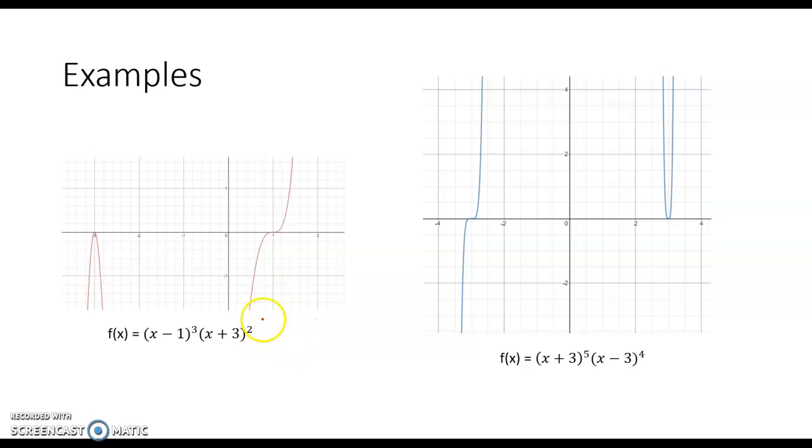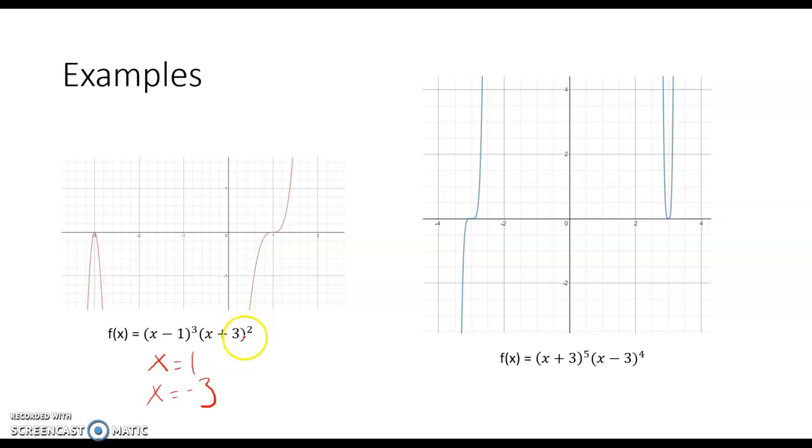And looking at a couple more examples here, the function x minus 1 cubed times x plus 3 squared. Finding your zeros, you set the factors equal to zero, so x equals 1 and x equals negative 3 are our zeros for this function.